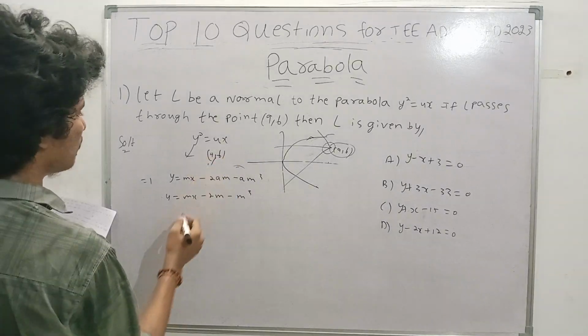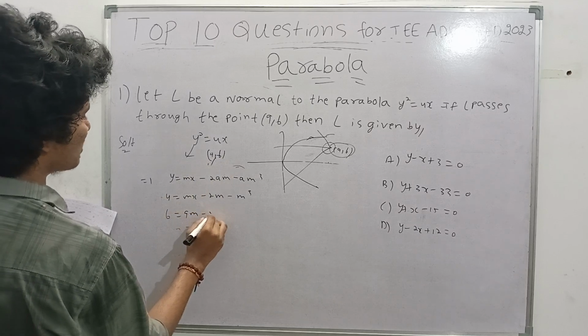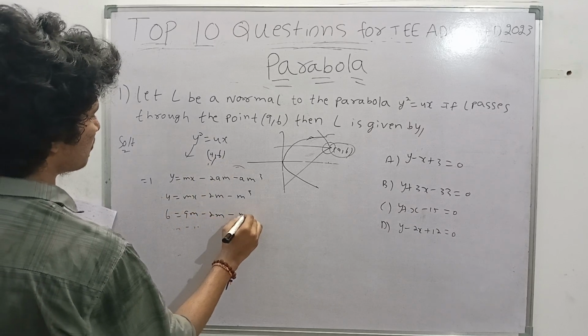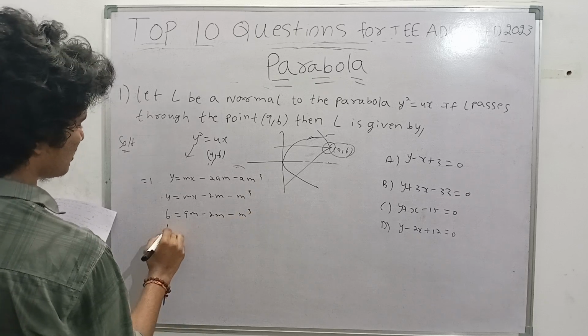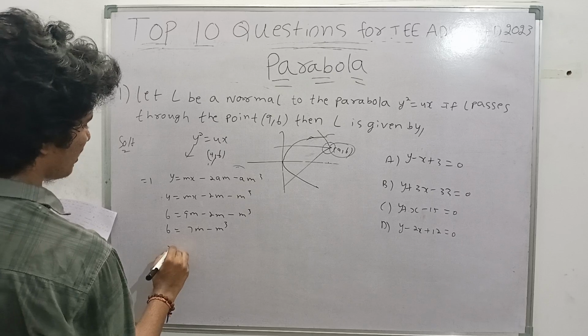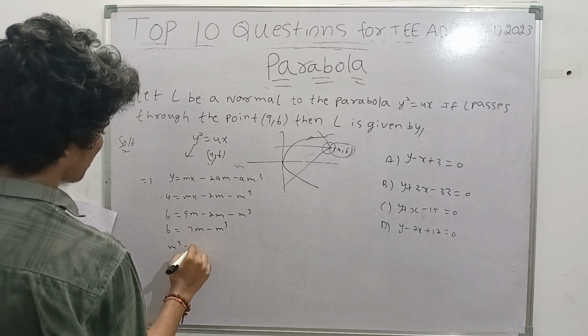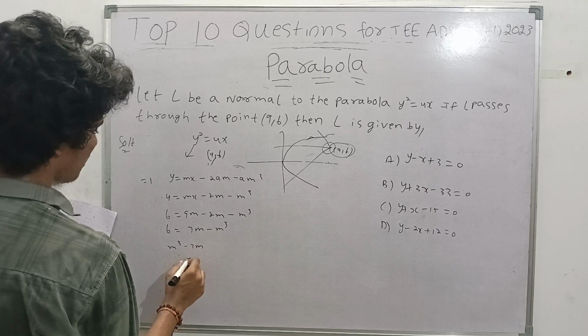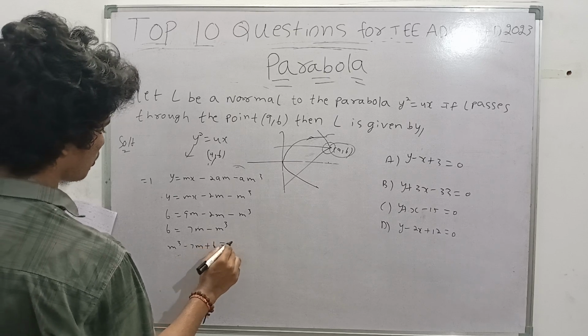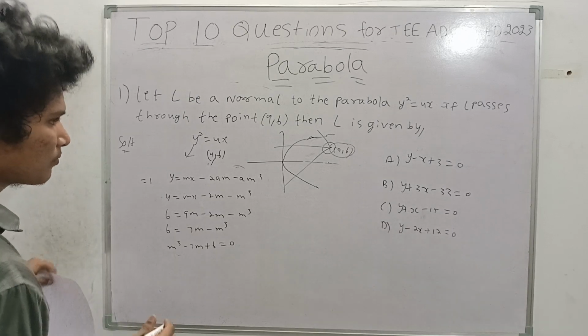So the point 9, 6 we have to substitute here. 6 equal to 9m minus 2m minus m cube, and that is 7m minus m cube. So finally m cube minus 7m plus 6 equal to 0. After this we have to solve.